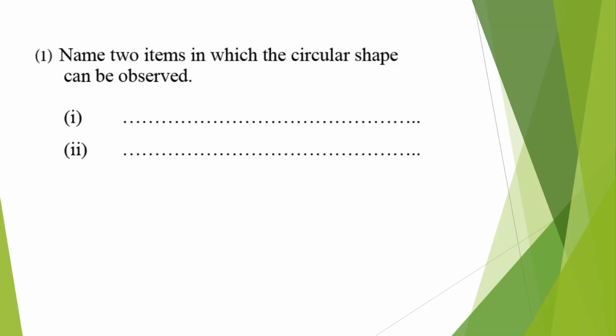Name 2 items in which the circular shapes can be observed. So this is very simple. You can see the most basic one, you can say wall clock, and also there are some things with circular shapes that you have in your hand, something like the lid of a bottle.